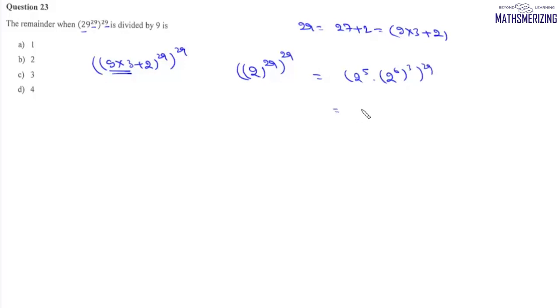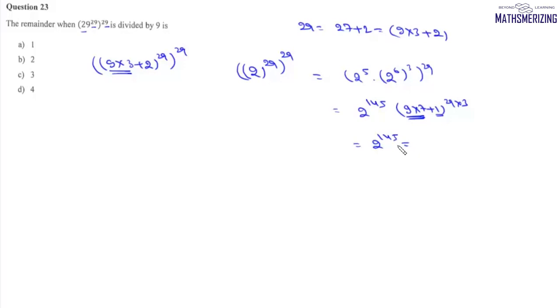So it will be 2 to the power, now 29 into 5 is 145. So it will be 2 to the power 145, and 2 to the power 6 is actually (9 into 7 plus 1) to the power 29 into 3. Now again we'll need multiple of 9. So remainder is simply 1. So it will be 2 to the power of 145.